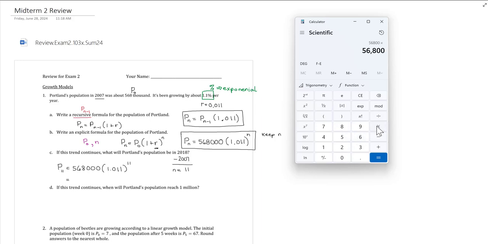568,000 times, now here's where on your calculator you'll want to use parentheses, otherwise you should normally do your power first. So if you have a little more robust calculator, you can put in parentheses 1.011, close my parentheses, to the power of, which is my x to the y, and then 11.